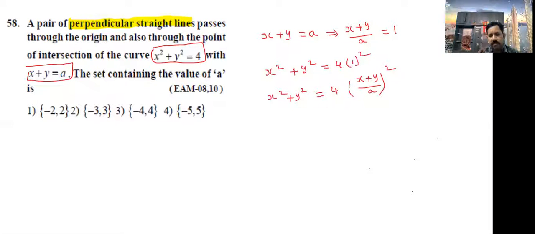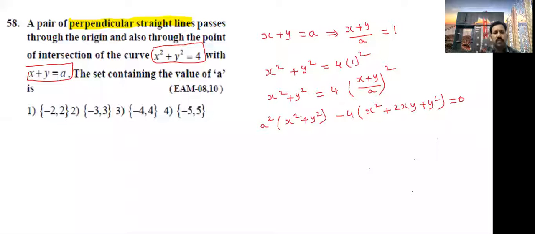Take the LCM, so denominator a square, send to the right hand side: a square into (x square plus y square) minus 4 into (x plus y) whole square, which means x square plus 2xy plus y square, is equal to 0.